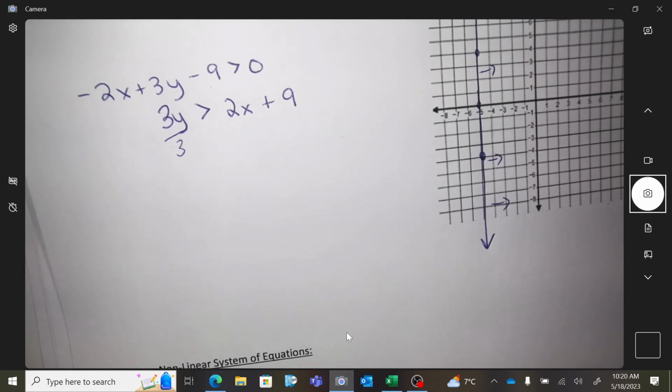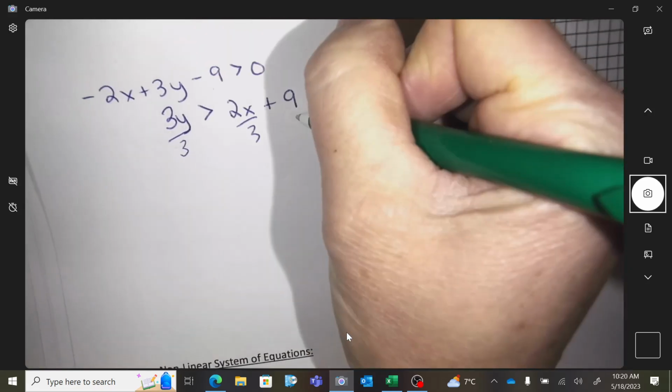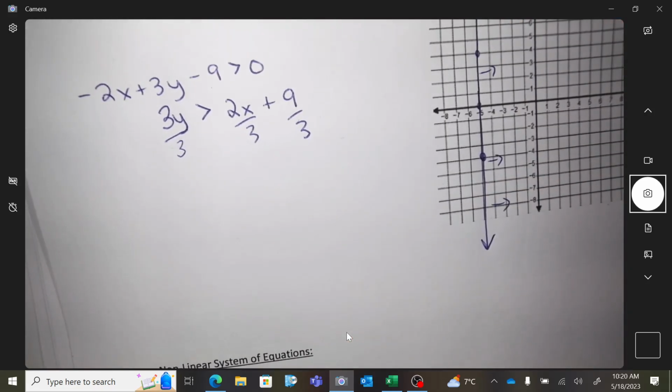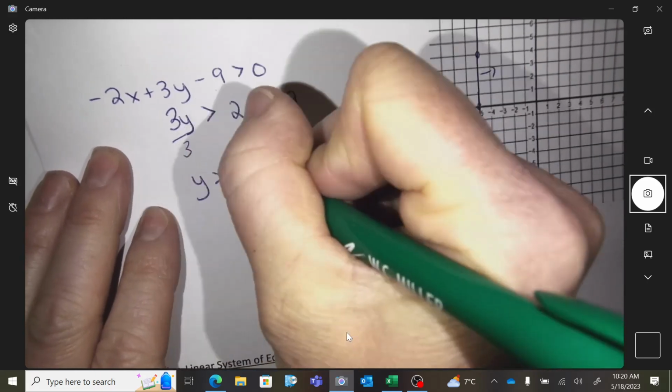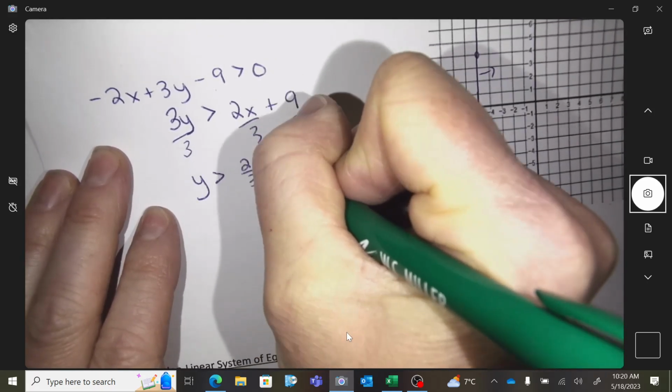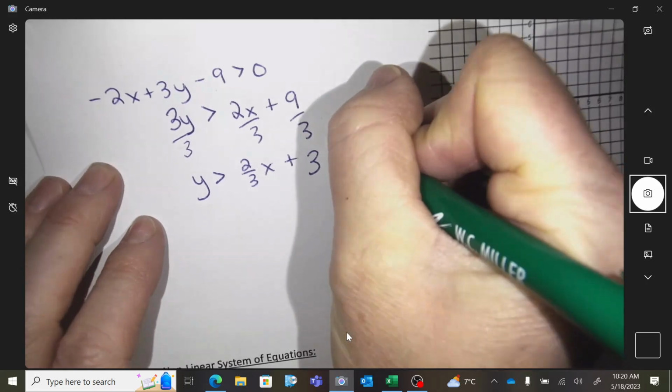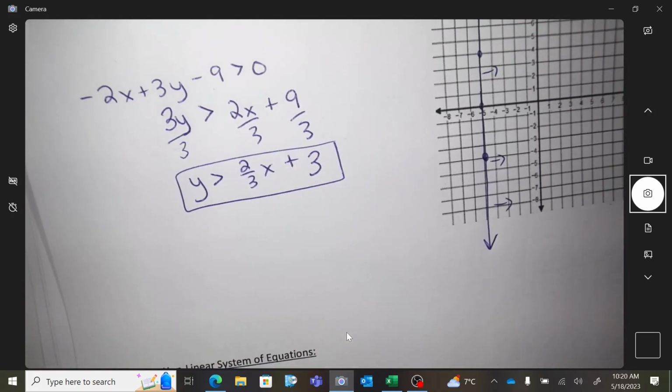But like Reese said, if you give kids candy, you got to give every single one of them candy, or else somebody's mad. Okay? So here we go. Y is greater than 2/3 x plus 3. Okay, that is now something to know how to graph.